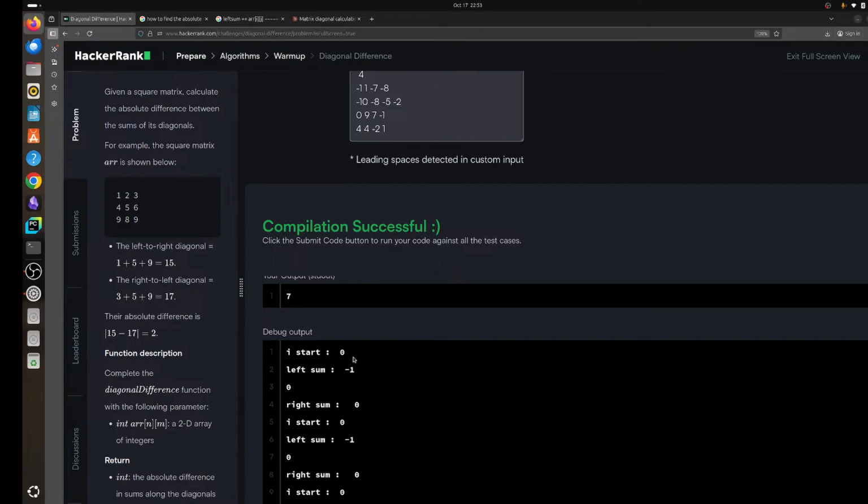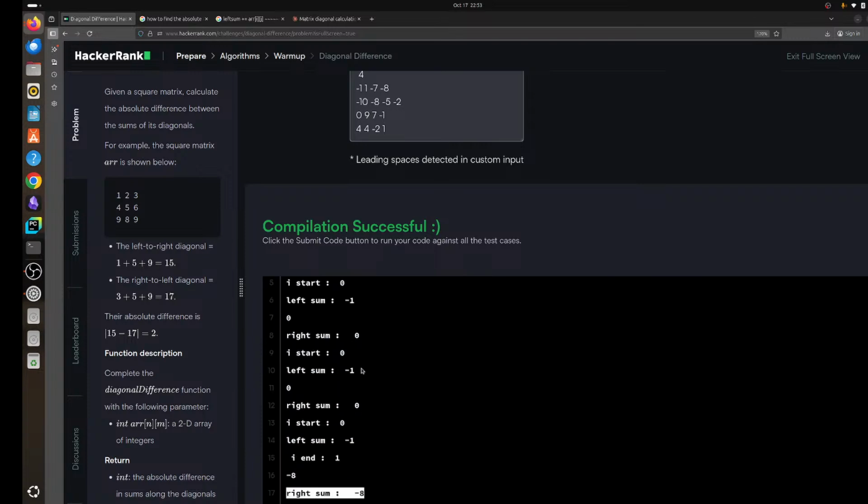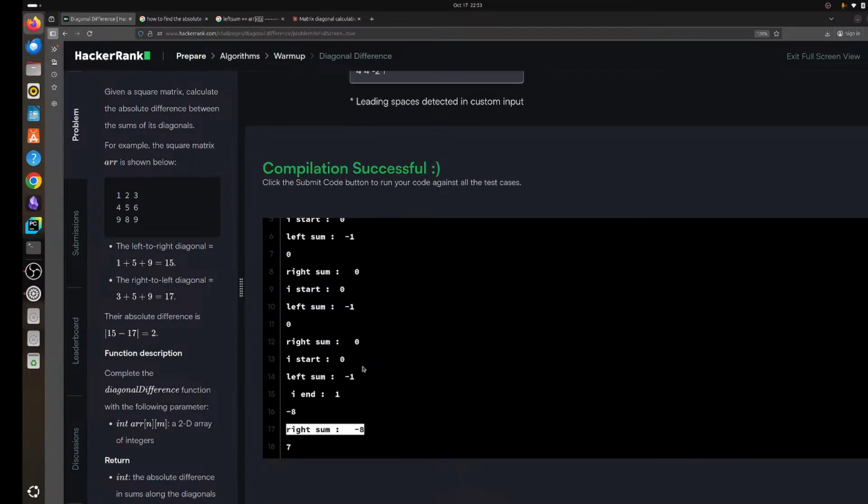I start with 0, left sum is -1, right sum 0. So one of the validations comes and it's 8. This will come out of the loop, right? Because obviously nothing else is there.